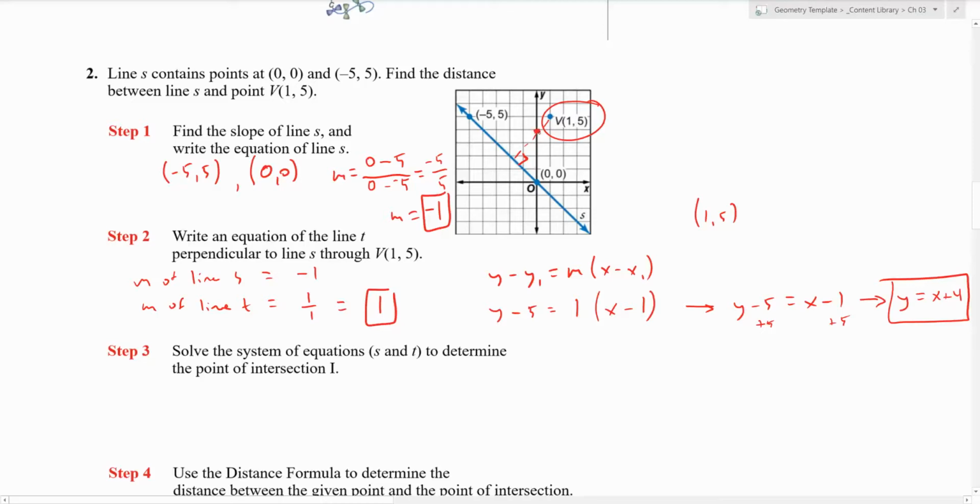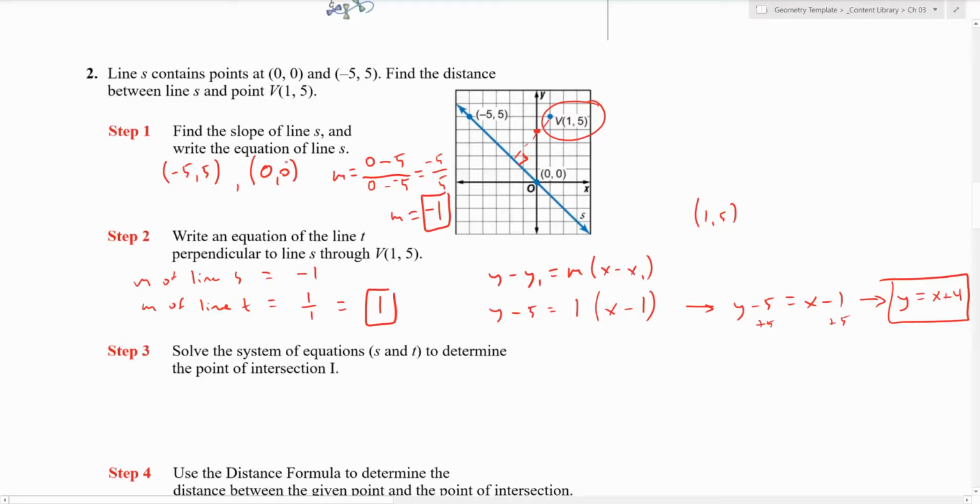Okay, now solve the system of equations for S and T to determine the point of intersection. Let's solve the system of equations. Oh, I haven't written the equation of the line of S up here. I found the slope of it in step 1, but I never wrote the equation of the line.